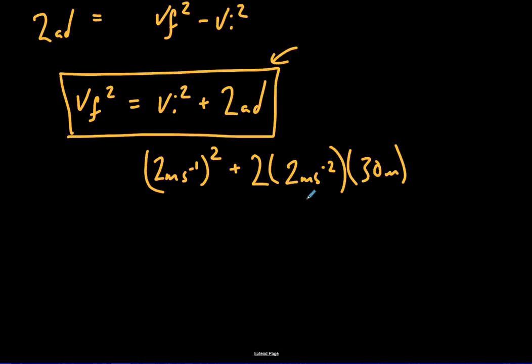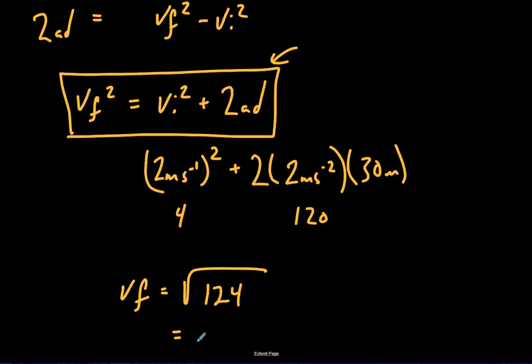So we've got 30 times 2, which is 60, times 2, which is 120, plus 4. We should have that its final velocity is the root of 124, which should work out to be about 11.1 meters per second, because 11 squared is 121, so that makes sense.